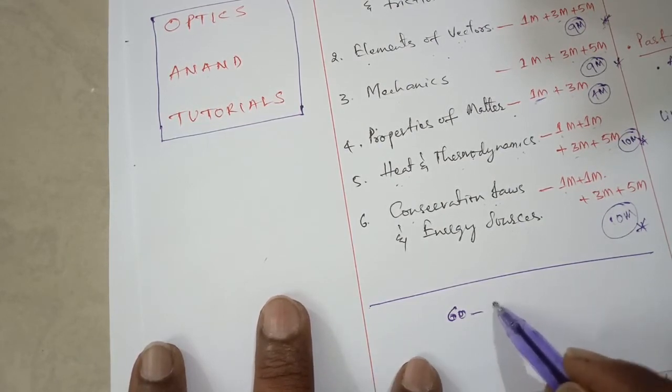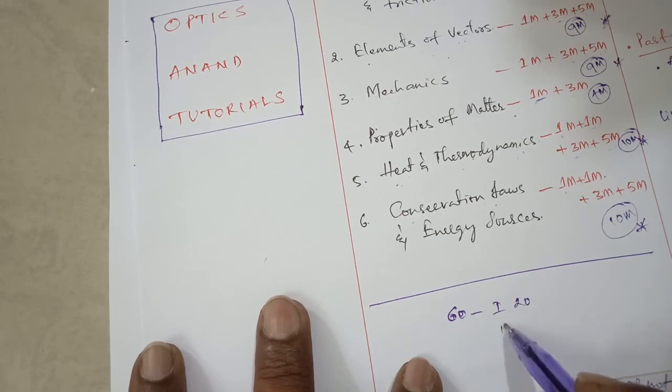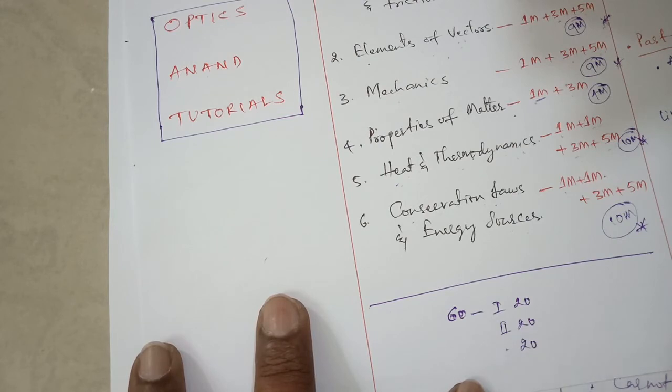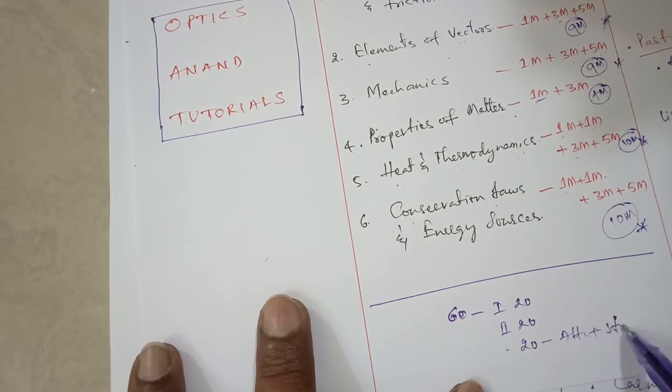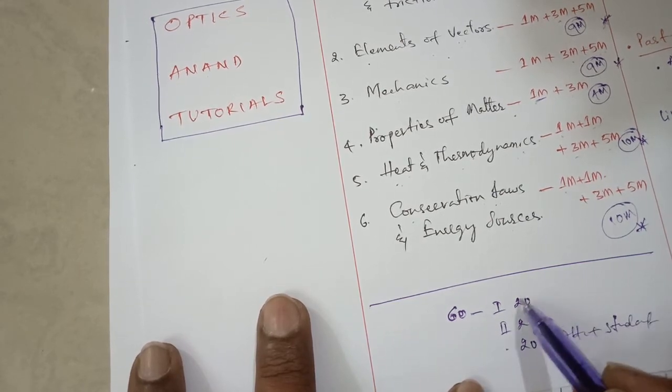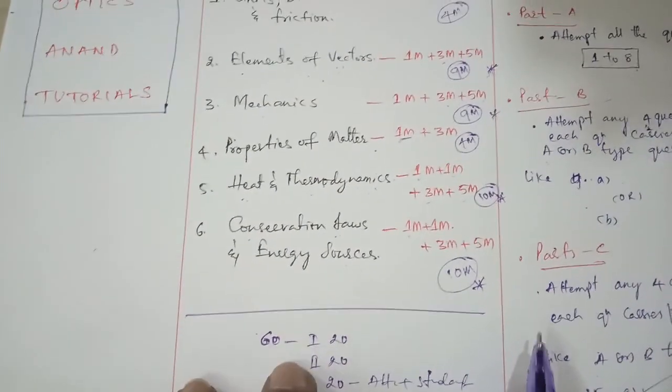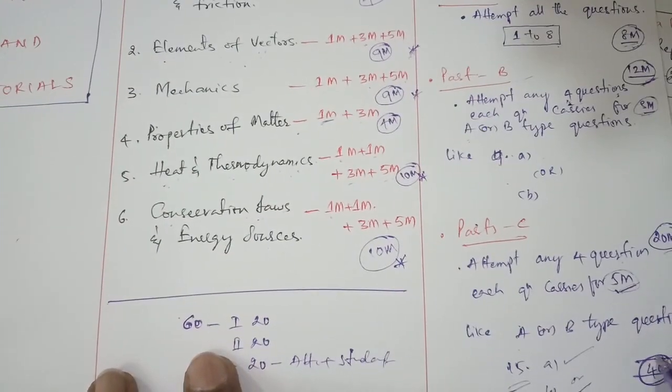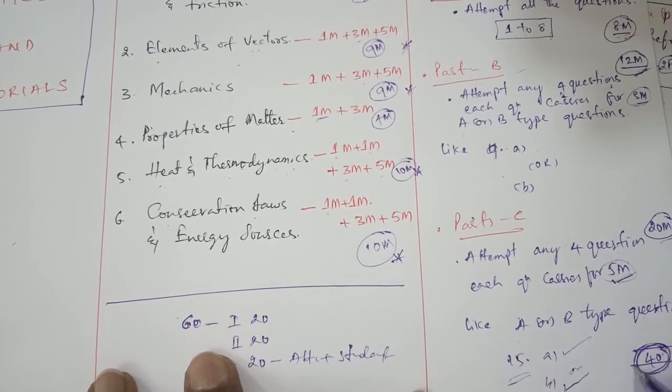The first internal is 20 marks, the second internal is 20 marks, and the remaining 20 marks will be for attendance and behavior of the students. So whatever you are going to write in the semester examination, only for 40 marks you need to remember.